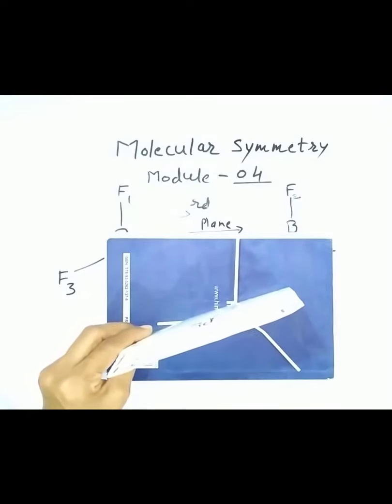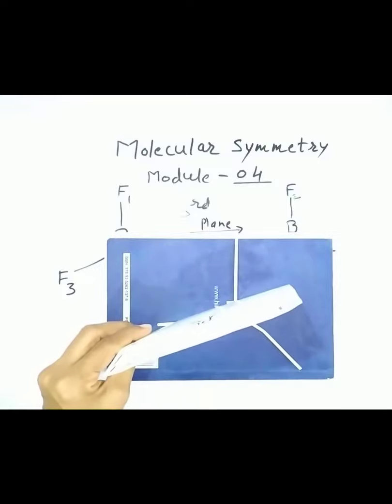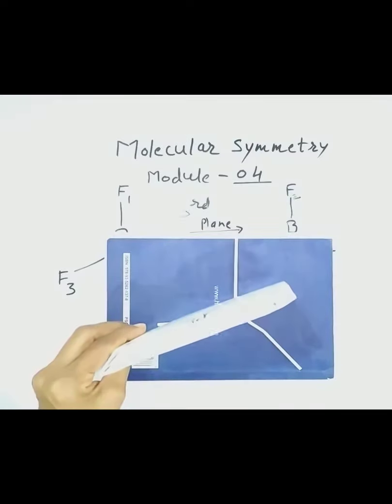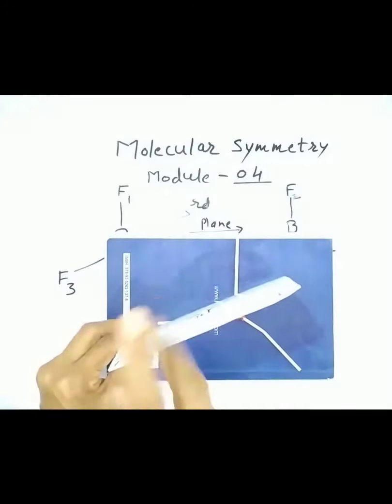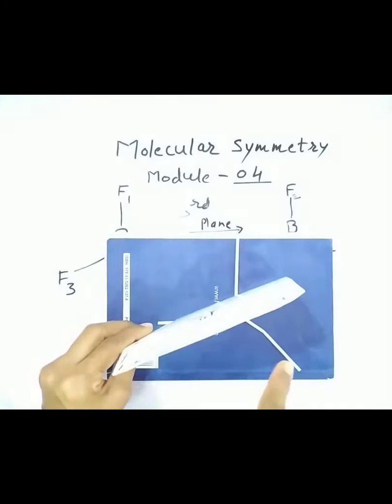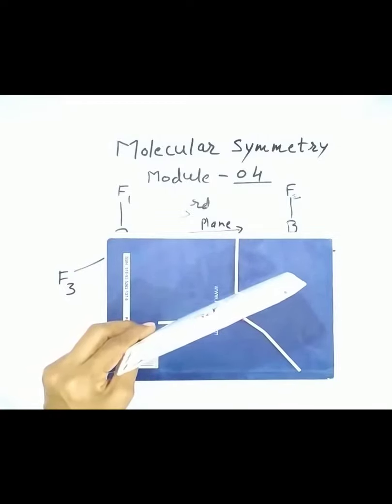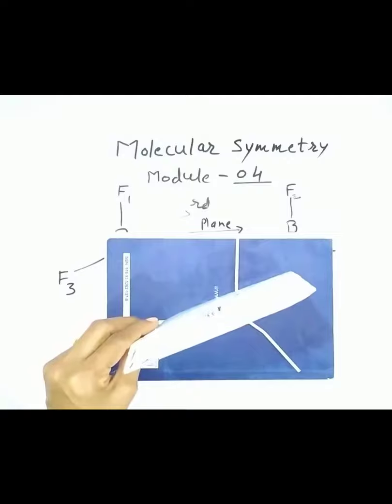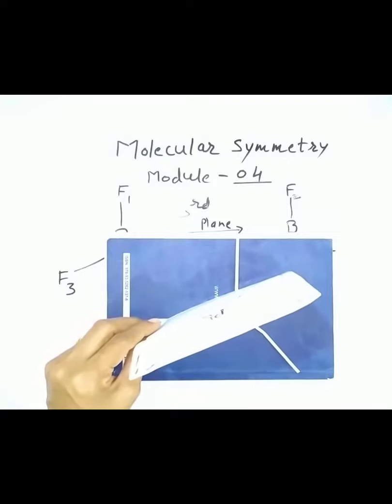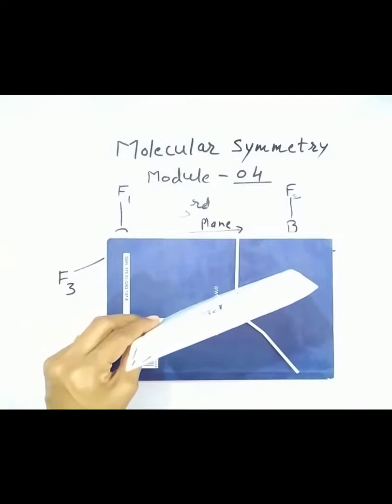See, this is the condition for a mirror plane to be present: after passing the mirror plane, the plane should divide the molecule into 2 equal halves and these 2 equal halves should be the mirror images of each other. This is the requirement or condition for the mirror plane to be present in a molecule.